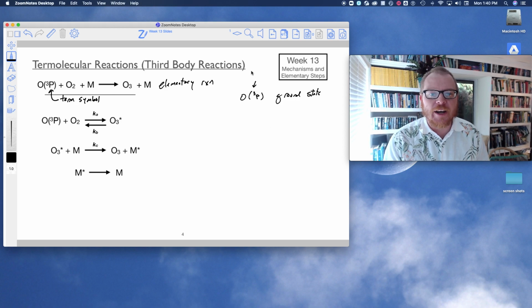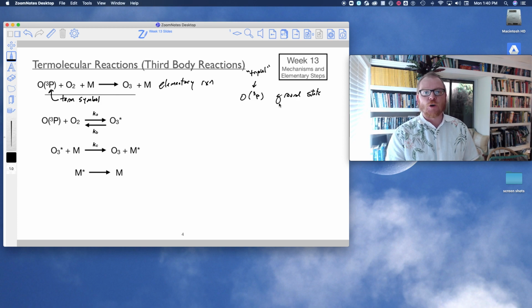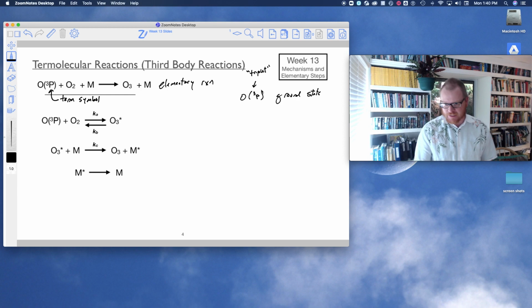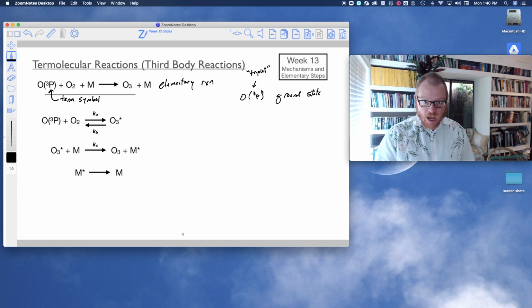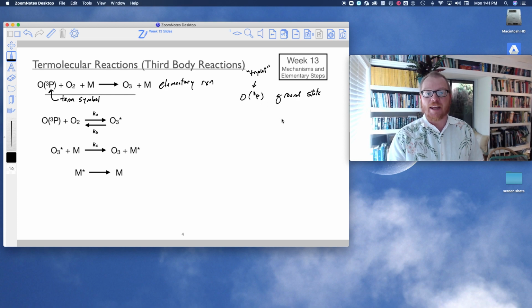But this 3 right here is called a triplet state. There are 3 main commonly occurring electron spin states that we encounter: the triplet, the doublet, and the singlet. A triplet state is actually 2 spin up electrons.